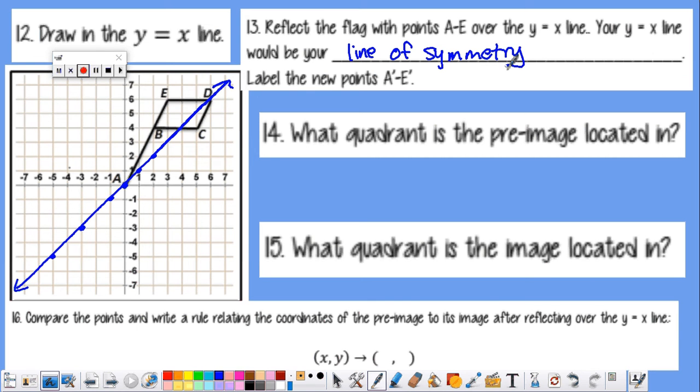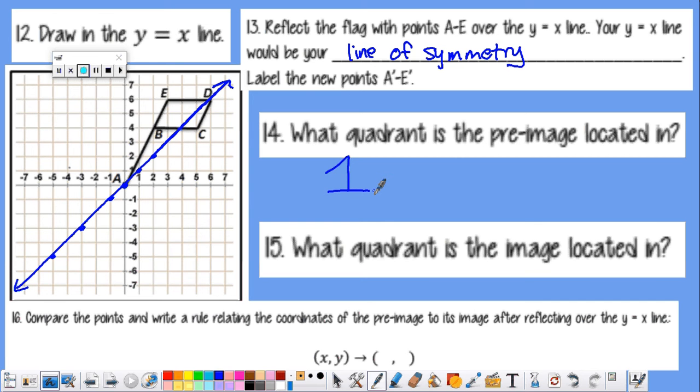All right, which quadrant is our flag in right now, our pre-image? Quadrant 1. Very good. Where do you think our image is going to be located? Quadrant 4, maybe? Okay, so let's predict quadrant 1 and 4, but let's actually do the reflection.